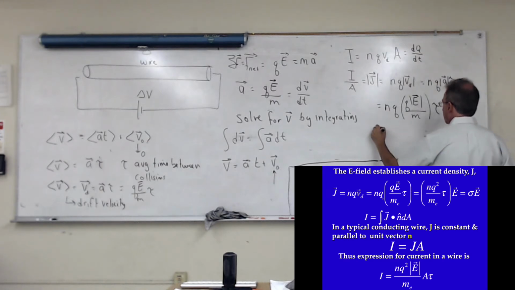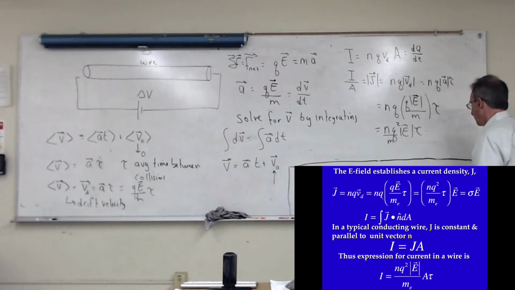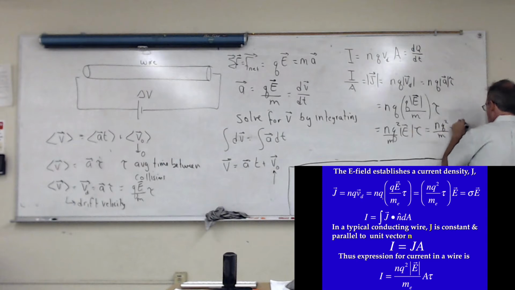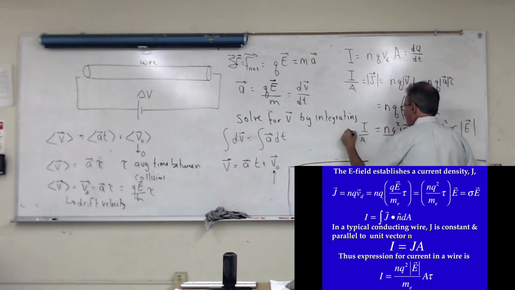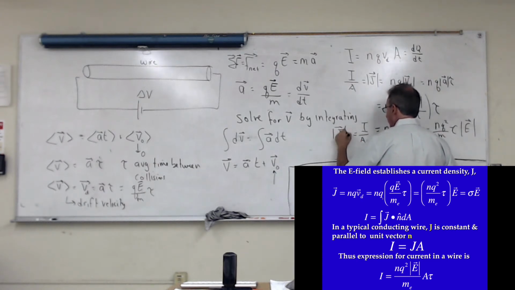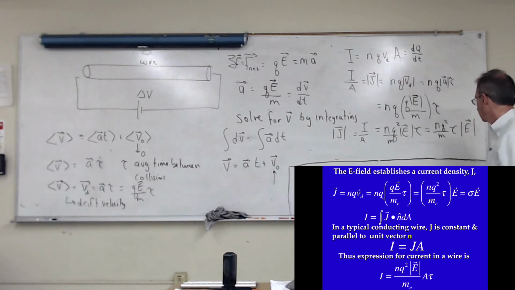So this gives me N Q squared over M times tau. Let me rearrange this a little bit. This is I over A. And this is called the magnitude of the current density. J is the current per unit area.